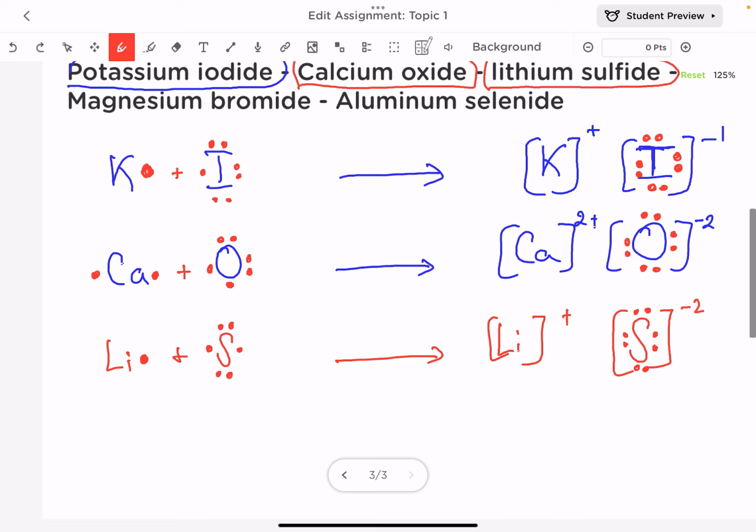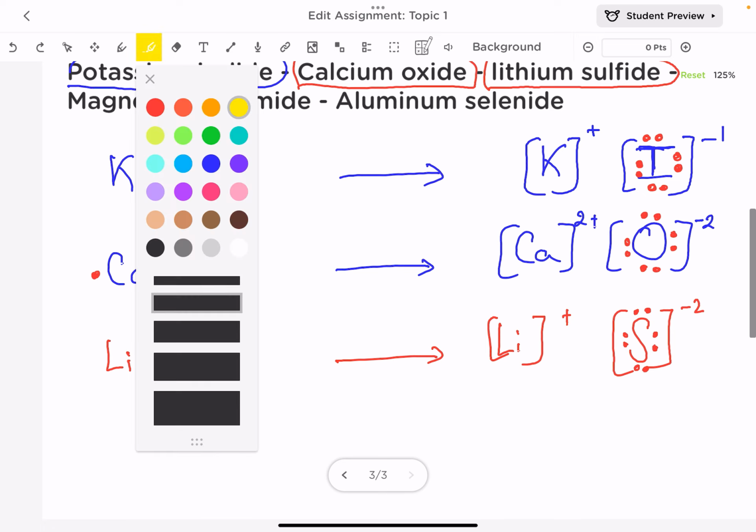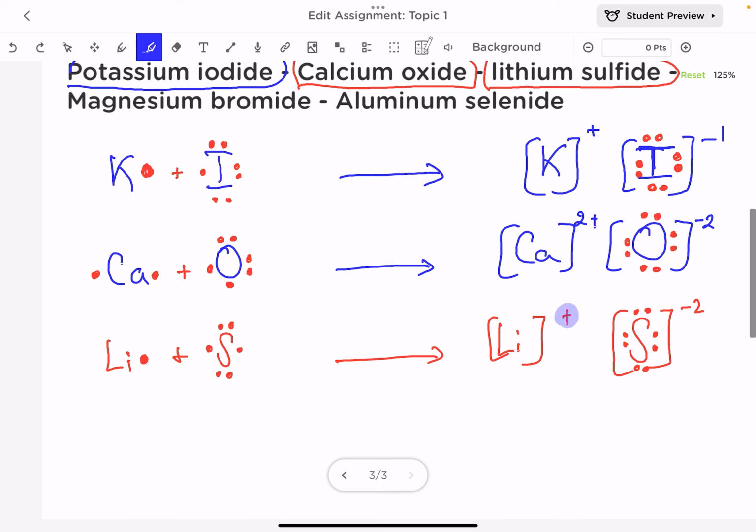However, when we look at the charges, we find that the charges are not balanced. I have a positive 1 for a negative 2. So you just do the X rule. This number 2, you just place it next to the lithium, meaning that I need another lithium. Or you can simply add positive charges to equal the negative charges. So if I have 2 minus, I'm going to write 2 pluses next to it.